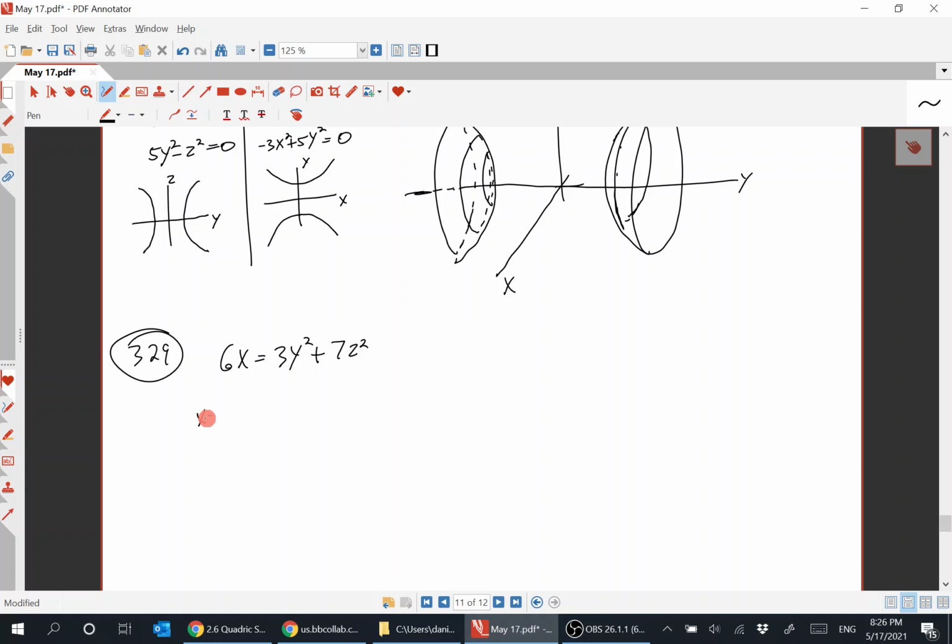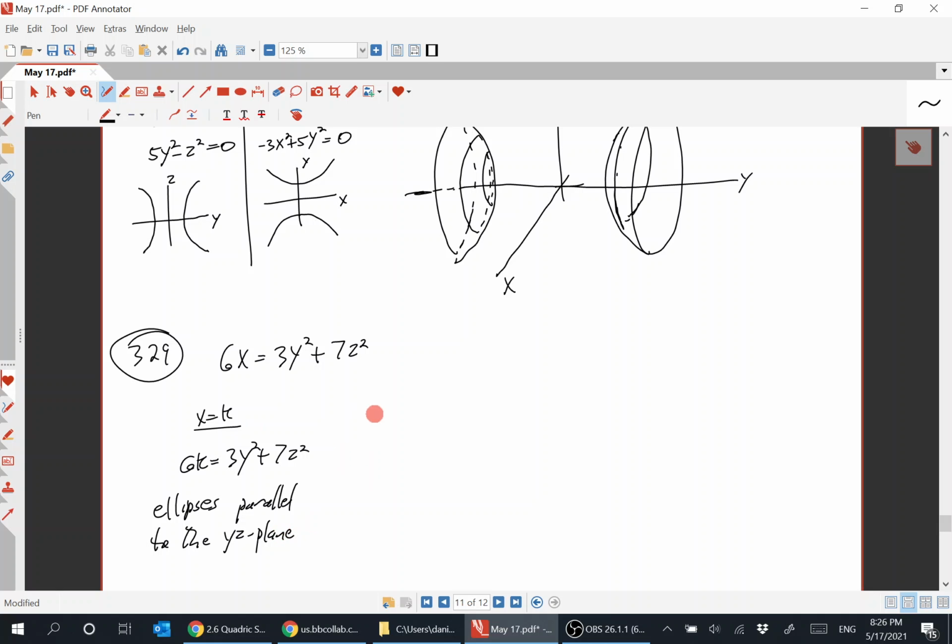Right, so if we let x equal to k, then we have 6k is equal to 3y squared plus 7z squared. So we have ellipses parallel to the YZ plane again.